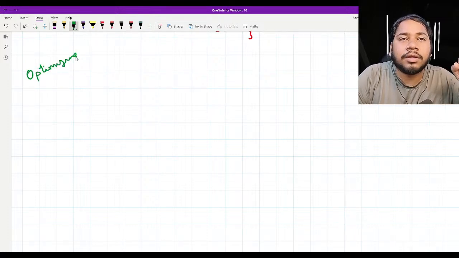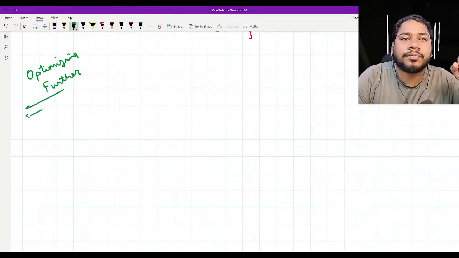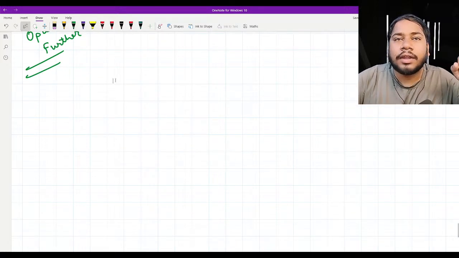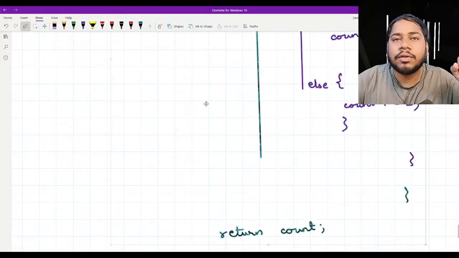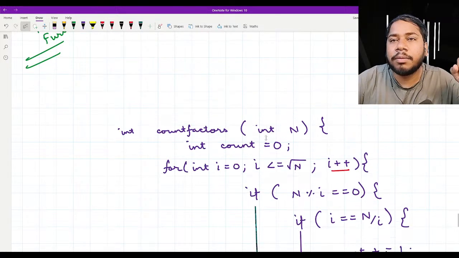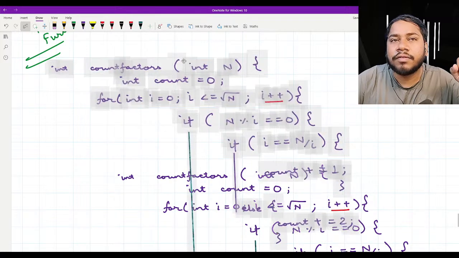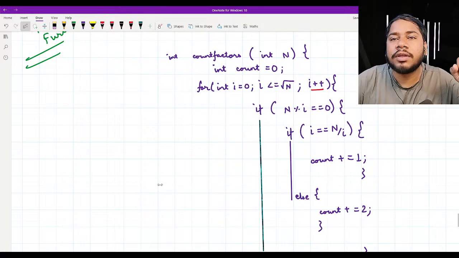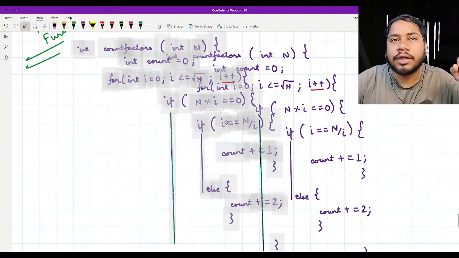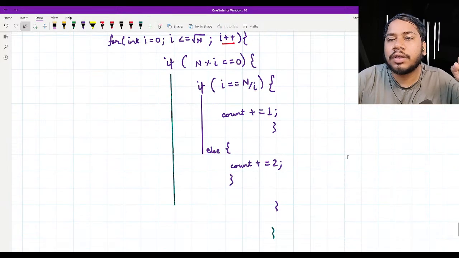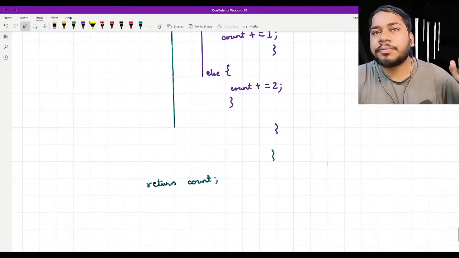Optimizing further. So if that is the case, can we have something like, let's minimize it. Let's take it on the top. Let's minimize it further. Seems okay.